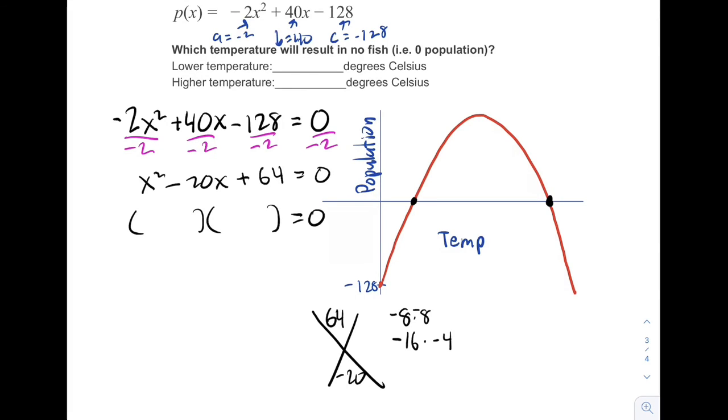Negative 16 times negative 4. That's going to work. So negative 16 and negative 4 are our two factors. So in here we have x, x, and our two factors are negative 16 and negative 4, as our factored form.